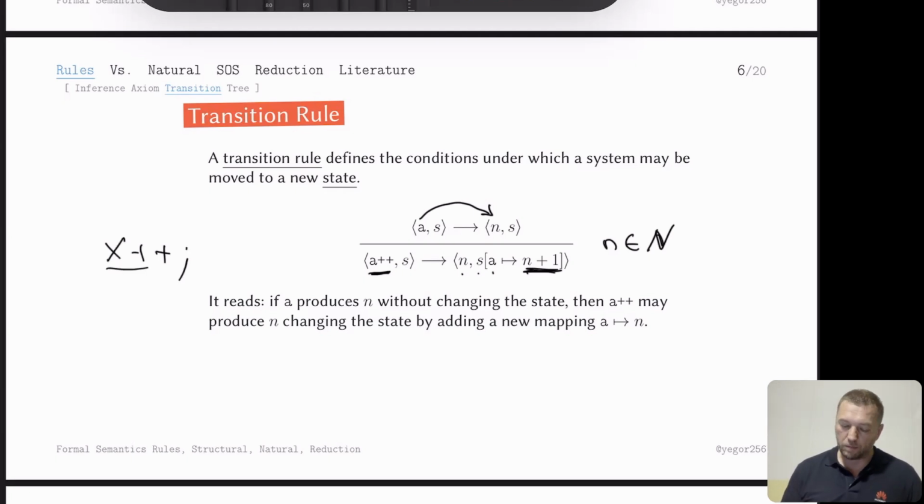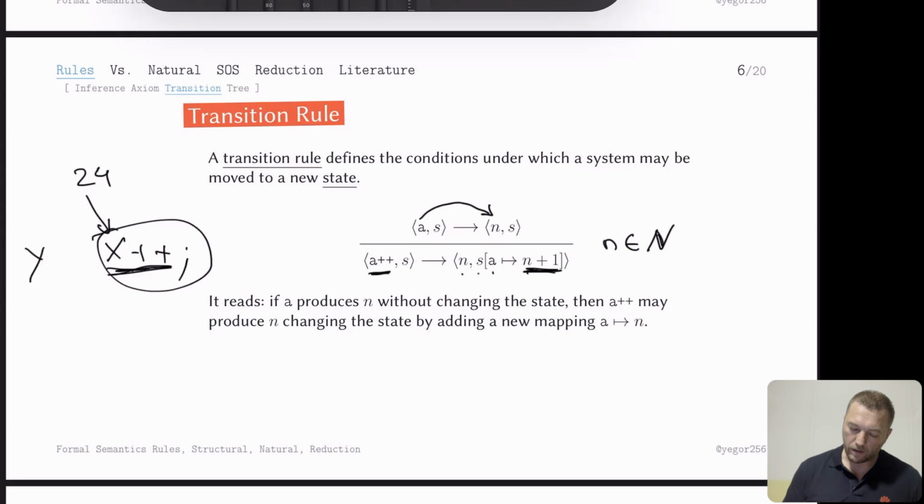It sees the x++, it knows, for example, that x is 24, so it reads this. After this, if you, for example, do this, then in the end y will be equal to 24 and x will be equal to 25. So it will update the memory, but will return 24 to the y.